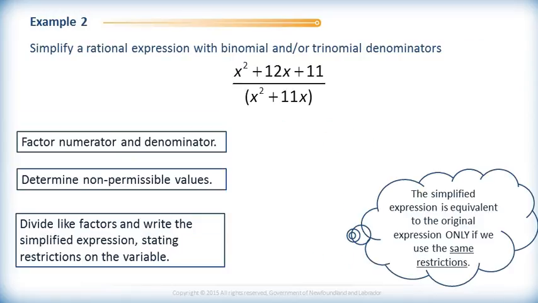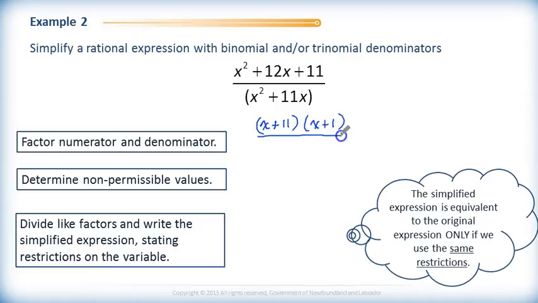On to example 2, the plot thickens. Simplify a rational expression with a binomial and/or a trinomial numerator or denominator, or both. So let's see, the instruction here says factor the numerator and the denominator. Let's do that. The numerator here factors as (x + 11)(x + 1).